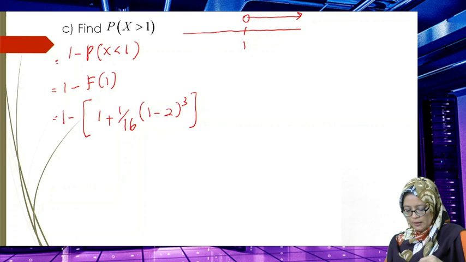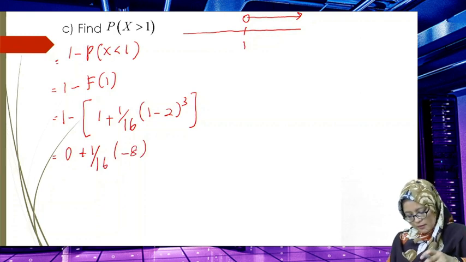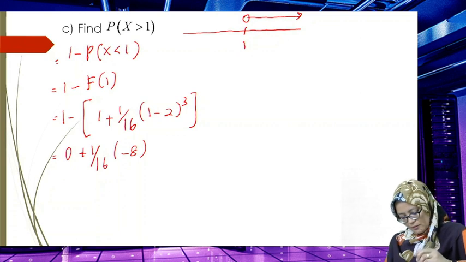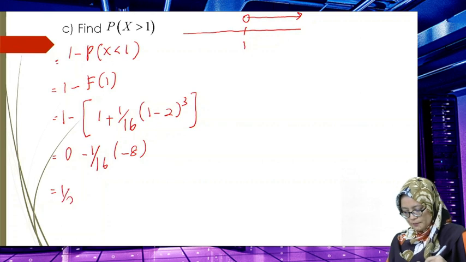So 1 minus 1 is 0, plus 1 over 16 times negative 8. So we get 1 over 2.